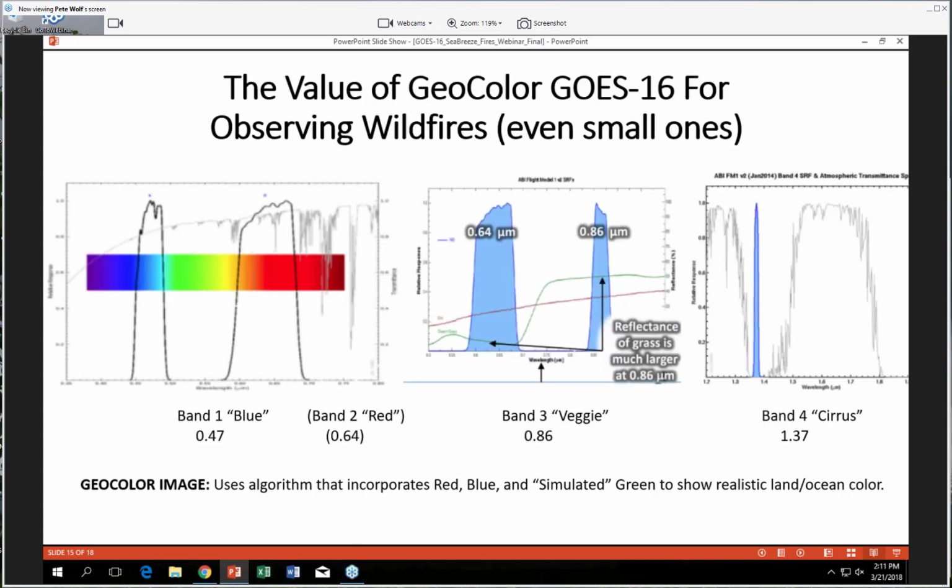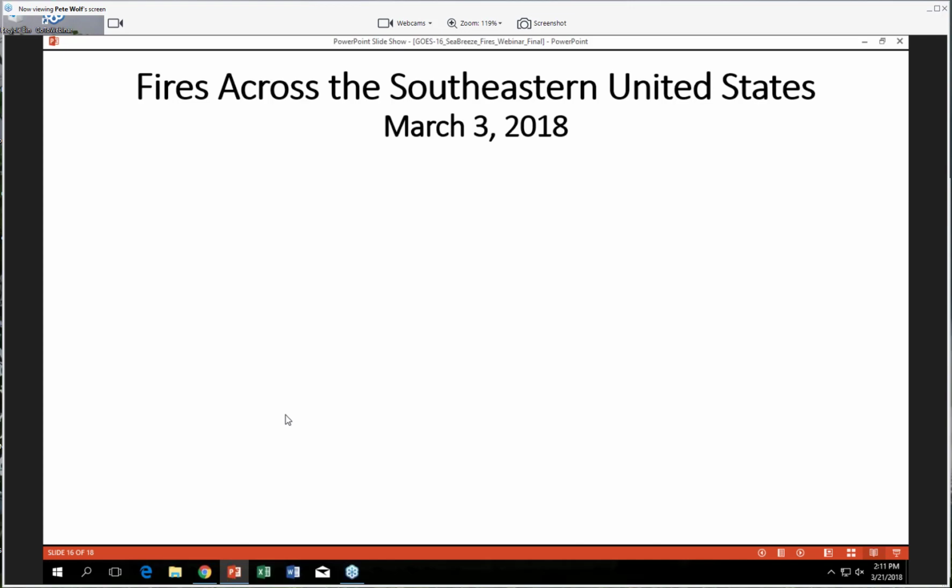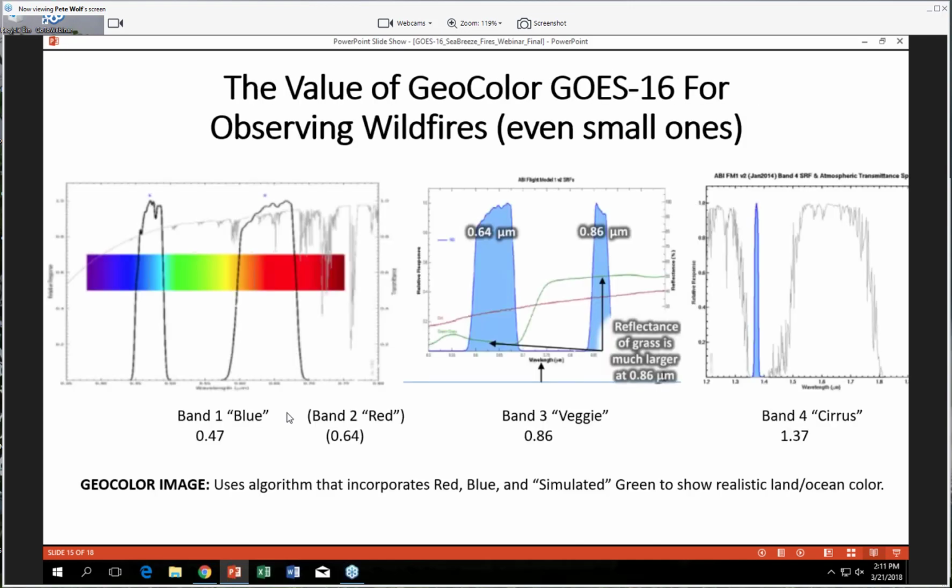Just as a reminder, GeoColor uses an algorithm that incorporates the red band, the blue band, and the veggie band, which is a simulated green, to show realistic land and ocean color. The other thing I was going to point out is that one of the values of GOES-16 is that we have this spectrum of energy that we can detect different things from.